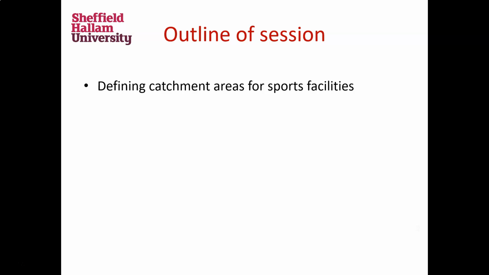But for areas which are unserved, we need to think, well, is there sufficient demand, or a sufficient strategic case or business case for building facilities in that area to meet any unmet demand? So defining catchment areas is an important thing that we need to do in terms of spatial analysis.